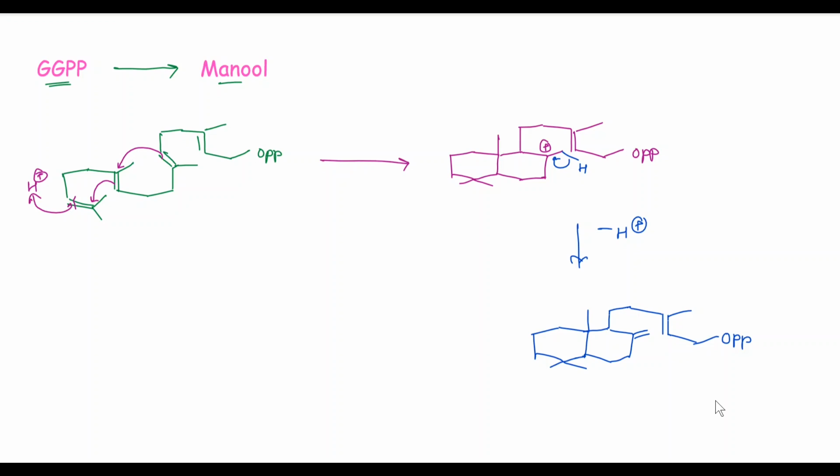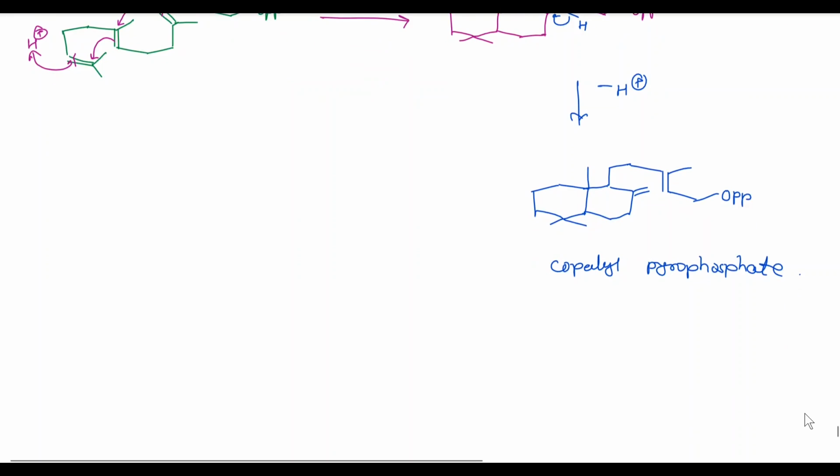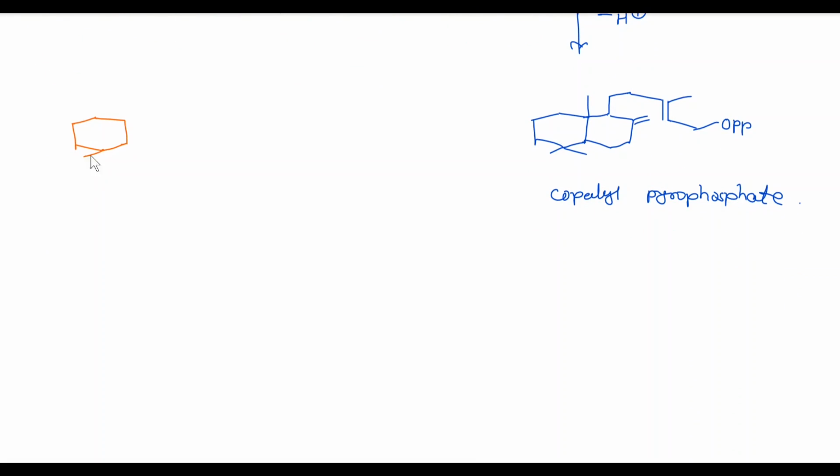This is known as copalyl pyrophosphate. There are two isomers of copalyl pyrophosphate. The first one is this one: this methyl group is above the plane and this hydrogen below the plane.